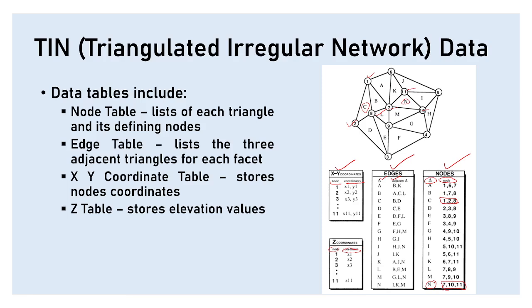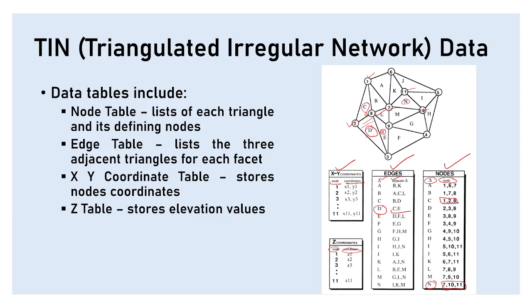Then we look at the edge table. In the edge table, we have the list of the 3 adjacent triangles for each facet. We'll take the D triangle. For the D triangle, the adjacent triangles are E and C. Only 2 are there.